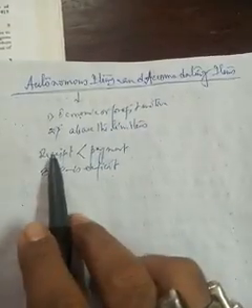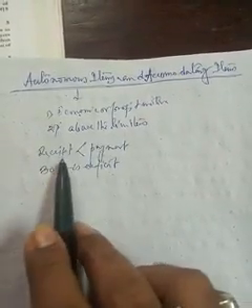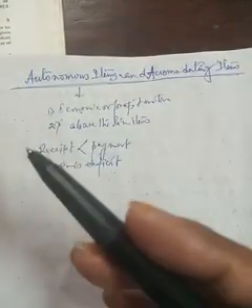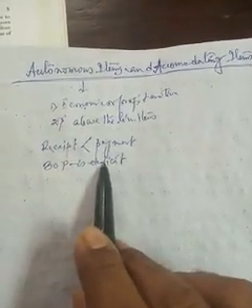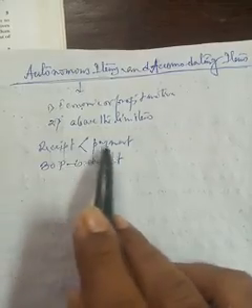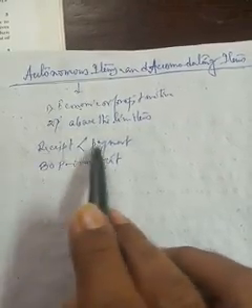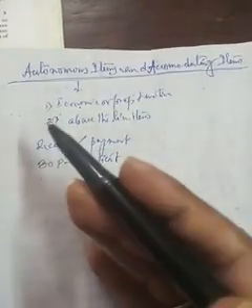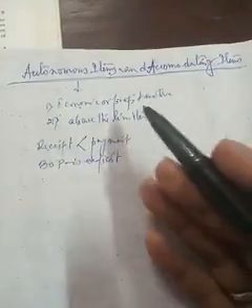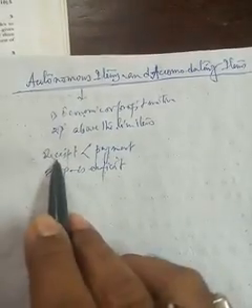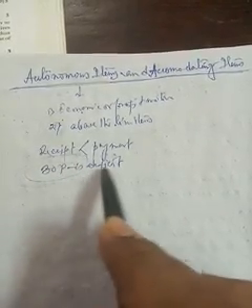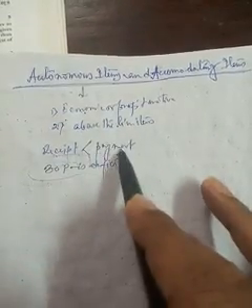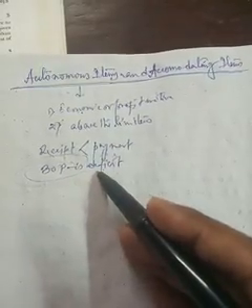We know that if our earning, the receipt, is less than our expenditure, the payment, then definitely it is a deficit. So if autonomous receipt is less than autonomous payment, the balance of payment will be in deficit.